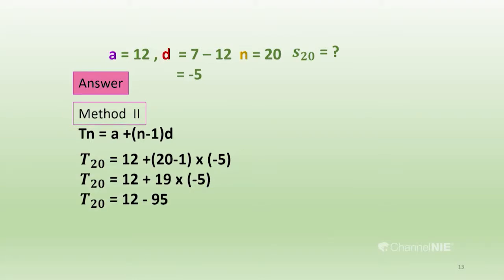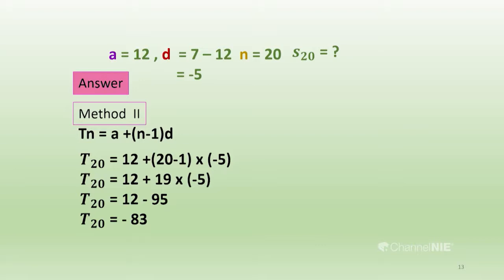Then we simplify. We have to simplify correctly with the minus signs. When you multiply 19 and minus 5, we get minus 95. We have to consider the signs. Then we got T20 equals minus 83.